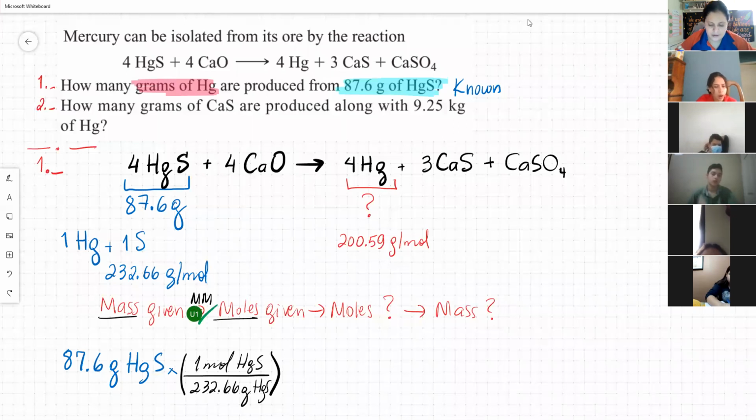Check. Now from moles given to moles unknown, I'll be using what? The molar ratio. Where am I going to put below?